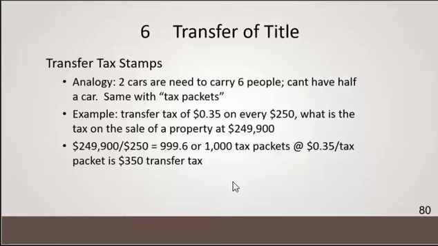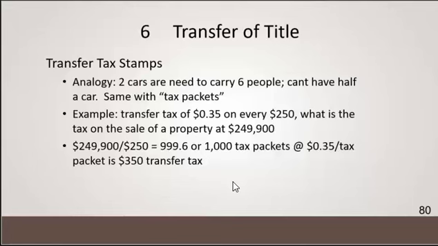So the first thing you do is figure out how many tax packets. You would take the $249,900, divide it by 250. Josh, what do you get? You don't want to share it with me? What'd you get, Josh? I got the answer. Well, okay, that's nice. It turns out to be like 999.6 tax packets.